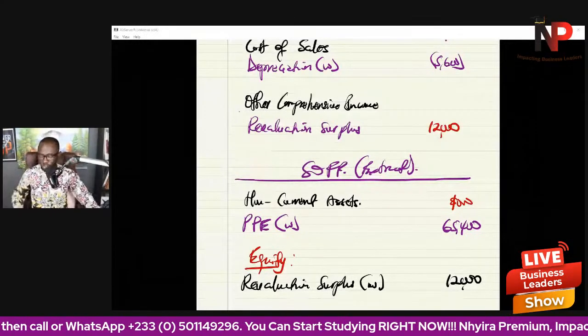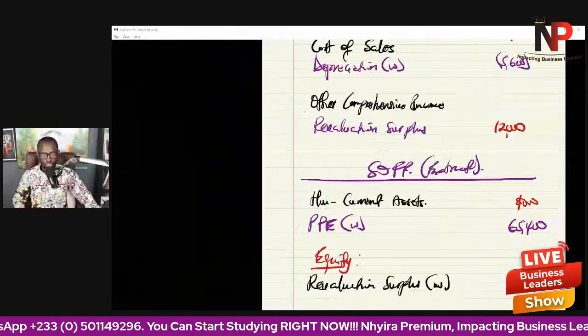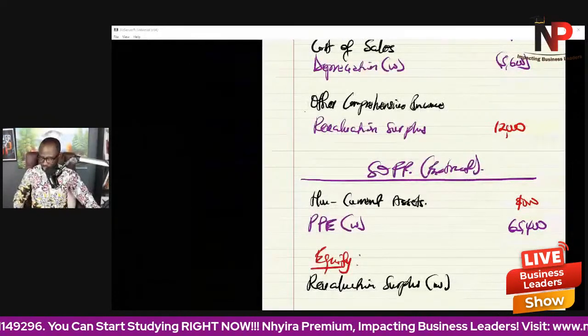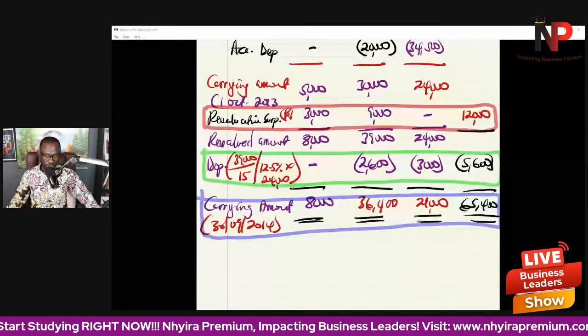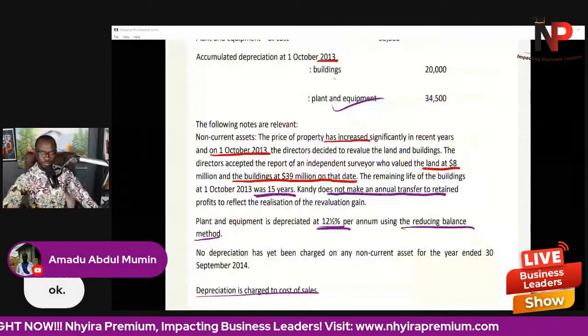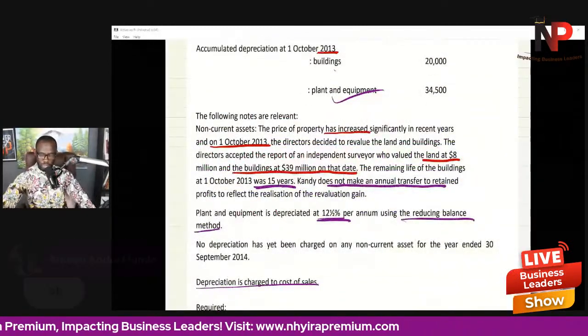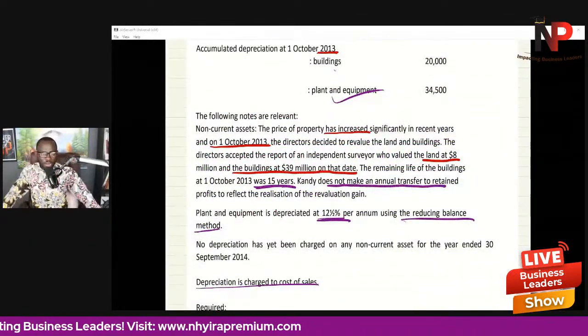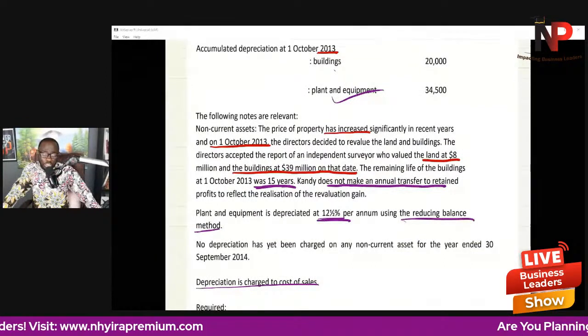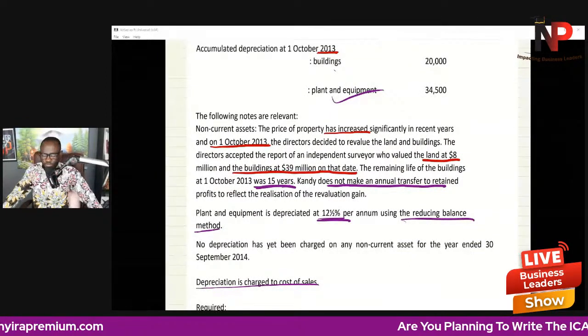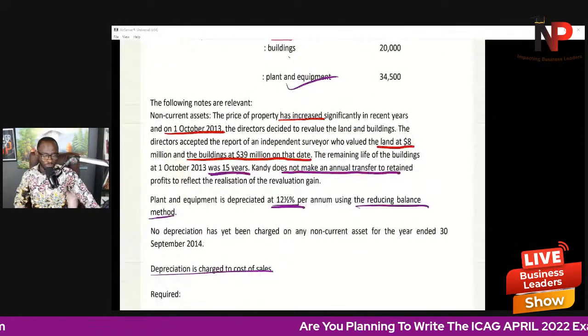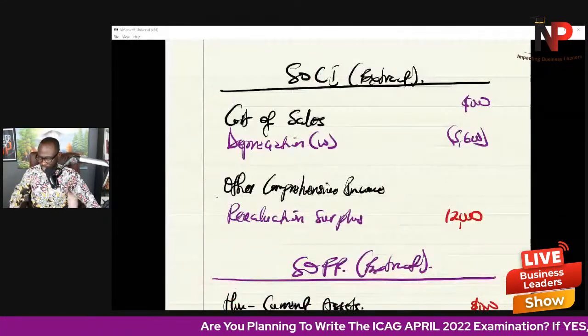All right. So this is the question, assuming we are just going by the books, that a company does not make annual transfers. Abdul said, okay, all right. But then what if the company makes an annual transfer? How will it look? Now, if the company makes an annual transfer, technically, nothing would change.